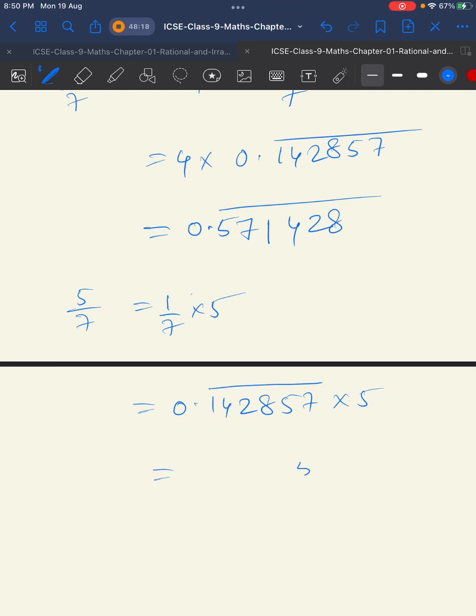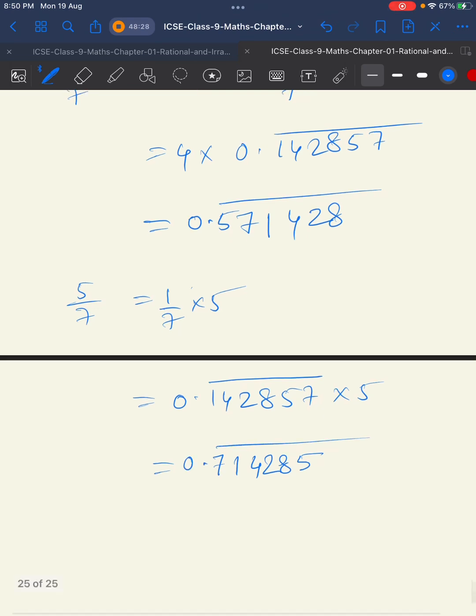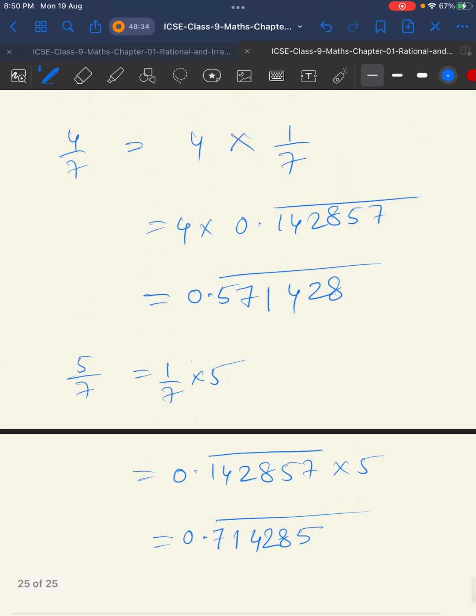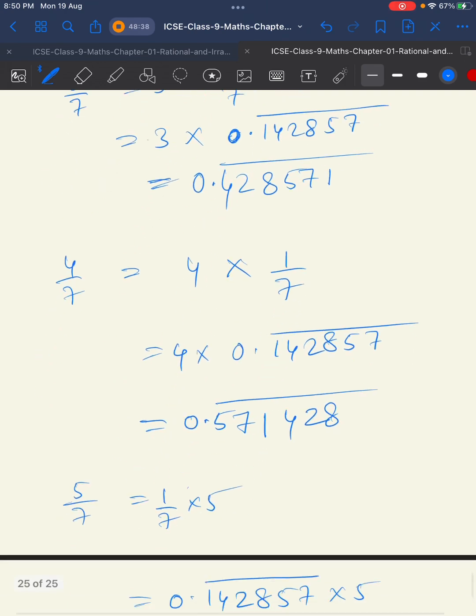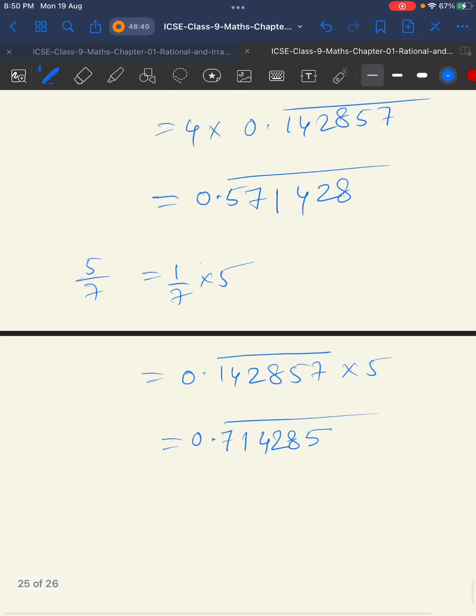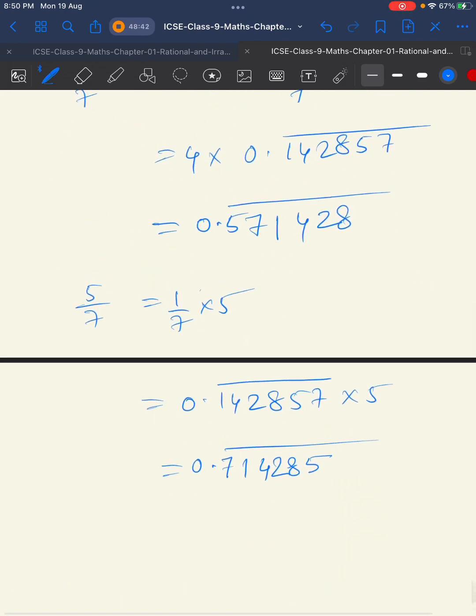Okay, so we will get this term, 0.714285 bar. Now 6 by 7 is similar to 5 by 7, as like 4 by 7 and 3 by 7 also. Okay, so now we finished.